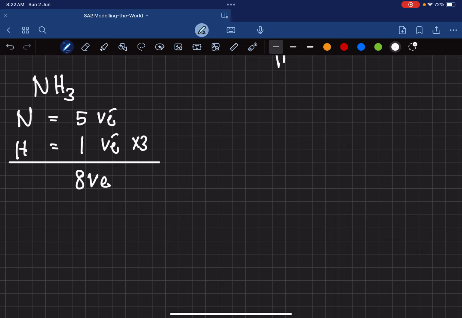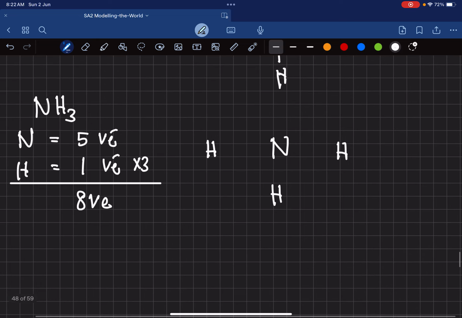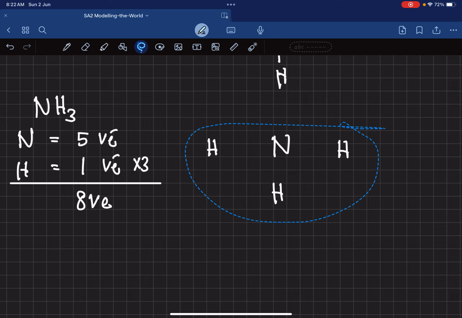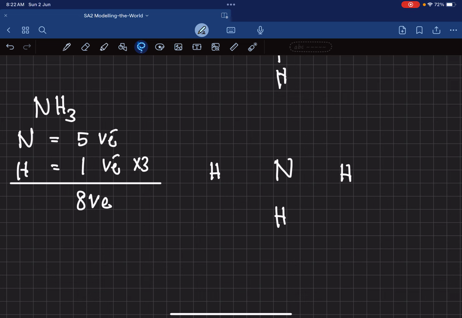So what I'm going to do is put nitrogen in the center. I'm going to put 1 hydrogen over here, 1 hydrogen over here, and 1 hydrogen over here. If you want to put the hydrogen at the top, it is up to you. Then the next step I told you was to draw a line, 1 line, 2 lines, 3 lines.